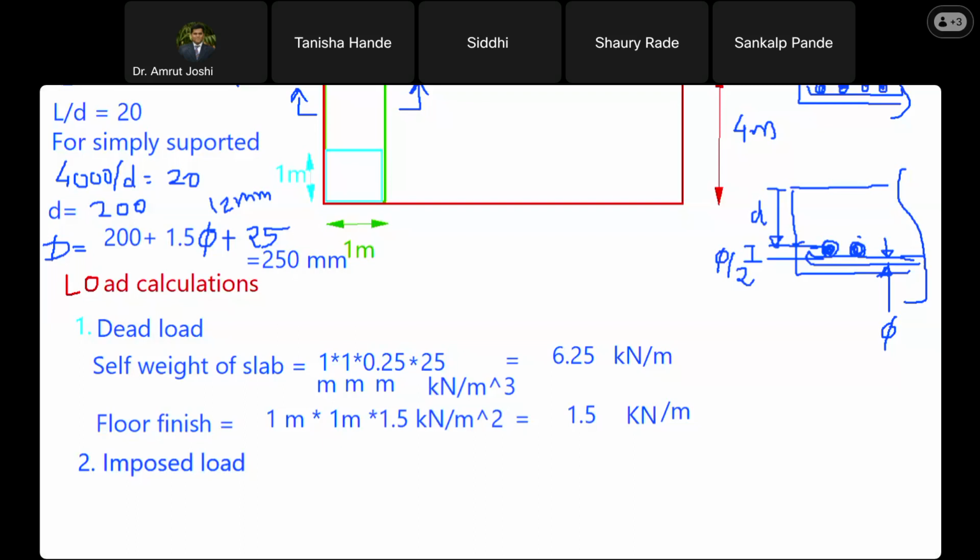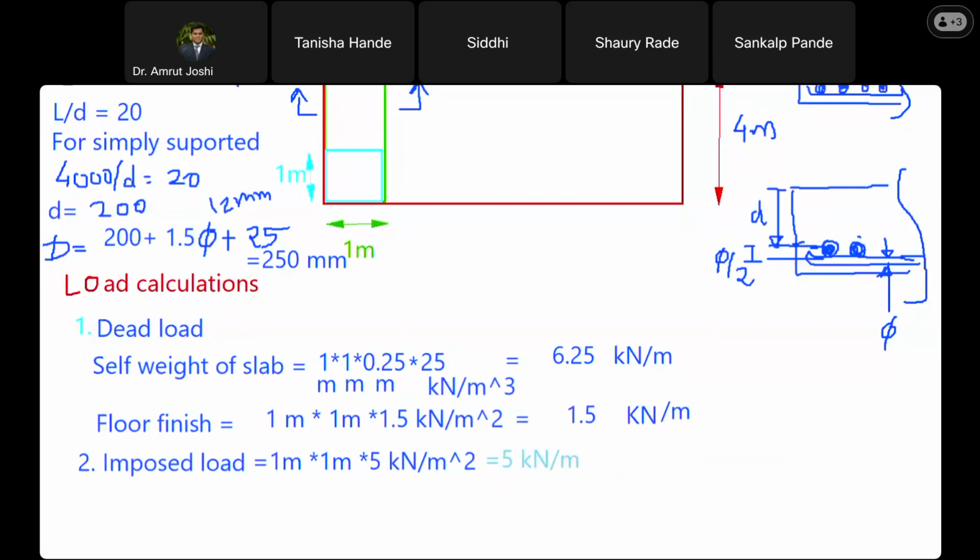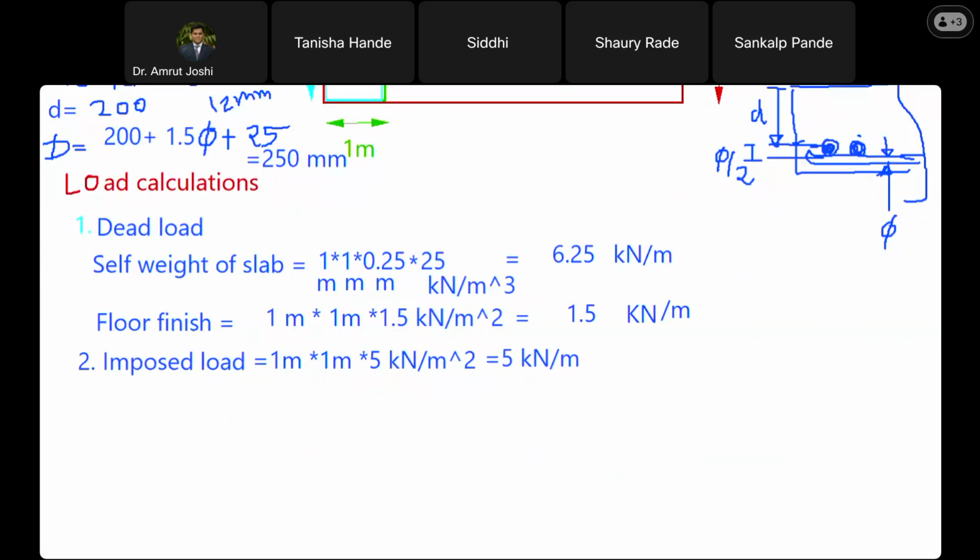So this is going to be equal to 5 kilonewton per meter. Why per meter? Unit wise it should be kilonewton, but we have calculated this only on a chunk of 1 meter by 1 meter. So here we have considered only 1 meter along the slab span. Are you with me? Yes, sir. So it is 5 kilonewton per meter. So now these load calculations are over.